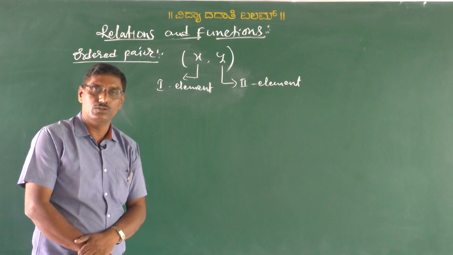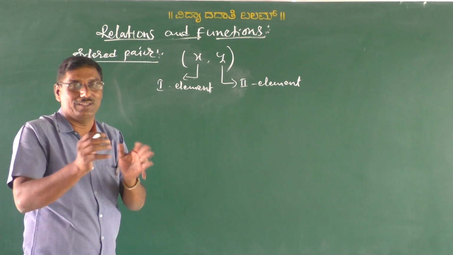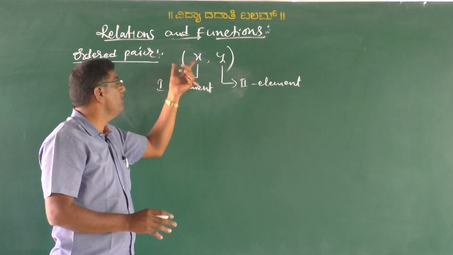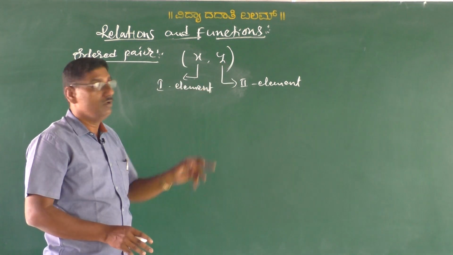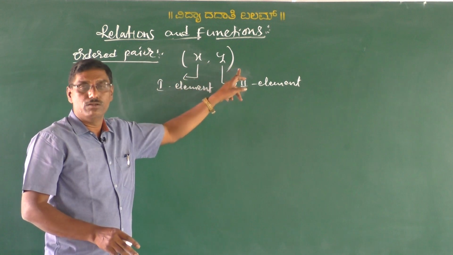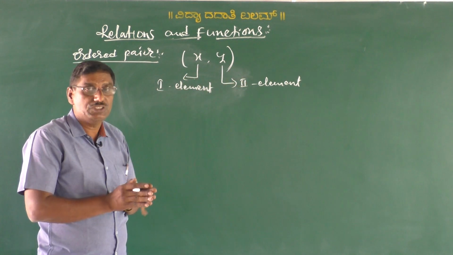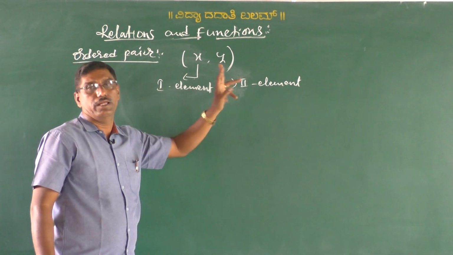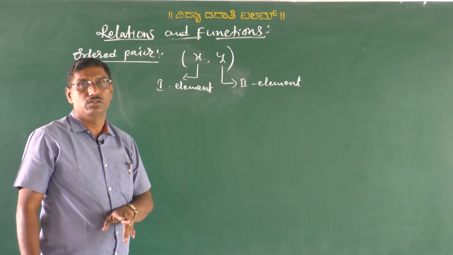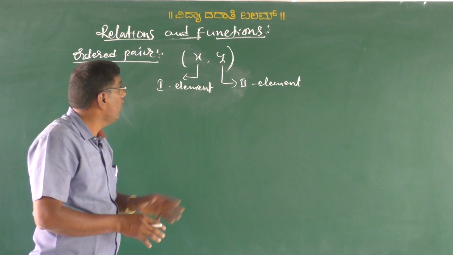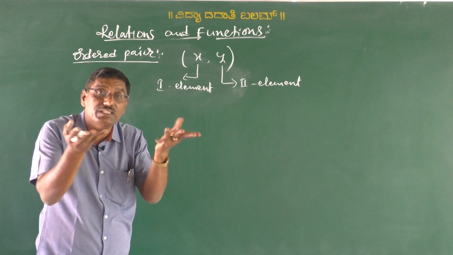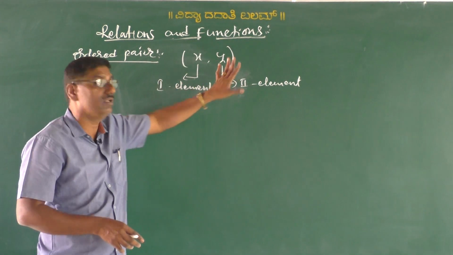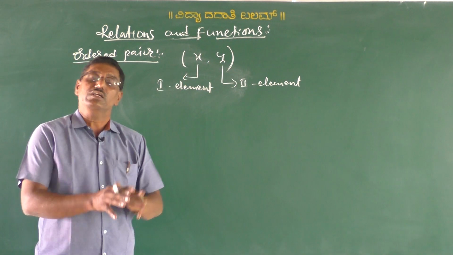Do you understand? Hence we call it specific, since we give a special position for this element and also for this element. For x, and for y, we have to give the first element and second element. The position of these two elements, if we interchange, the structure of this changes.